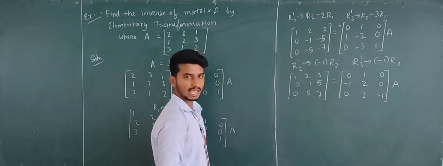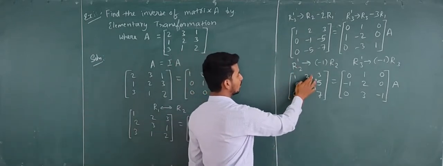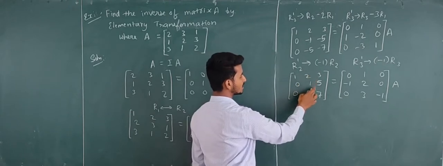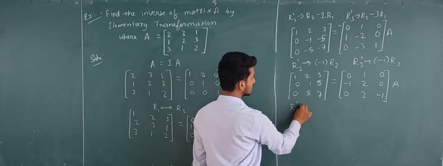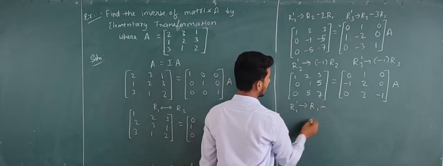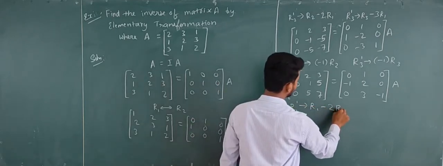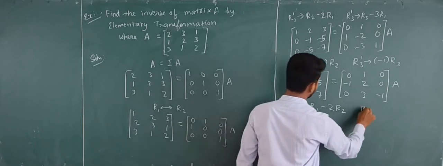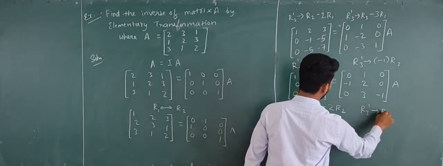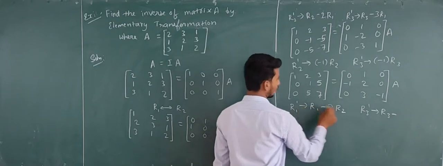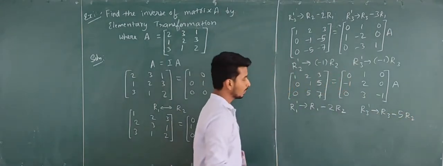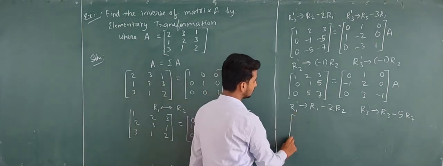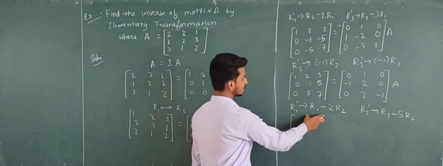With the help of the second row we will make this element 0, and with the help of the second row we will make this term 0, that is R1 dash changes to R1 minus 2R2 and R3 dash changes to R3 minus 5R2. Now we are changing the first row.